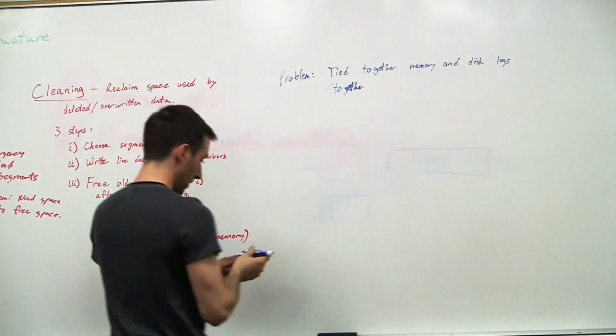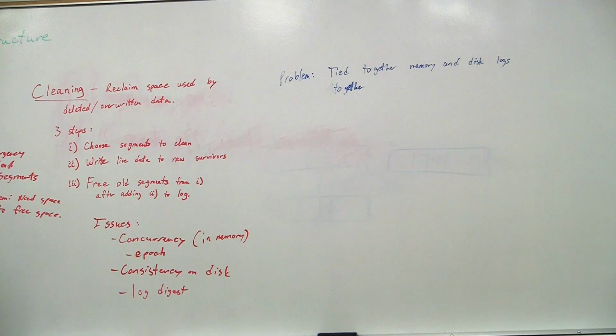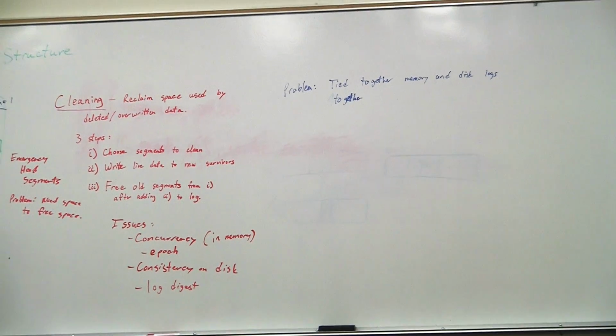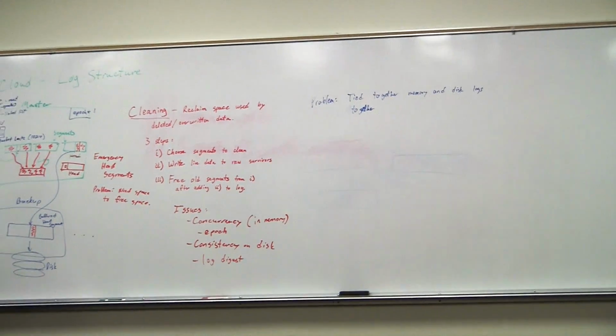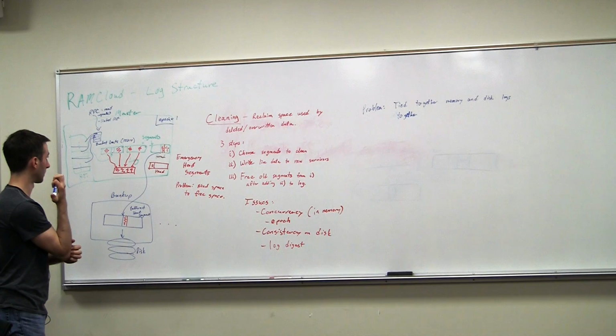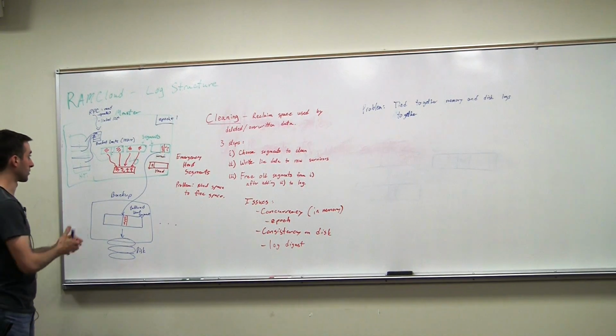What I mean is, I talked a little bit last week about how the amount of work it takes to do this cleaning step is related to the utilization of the segments that you choose to clean.